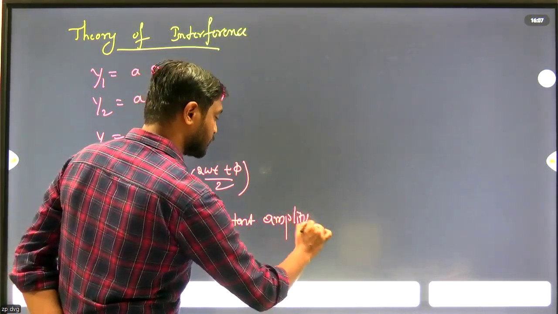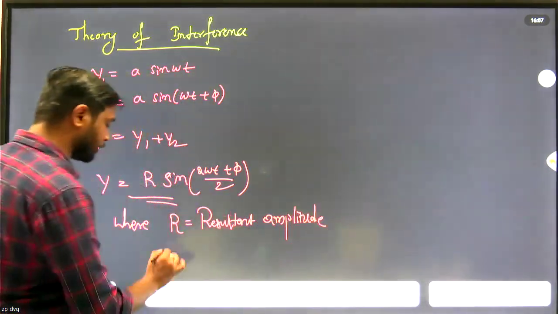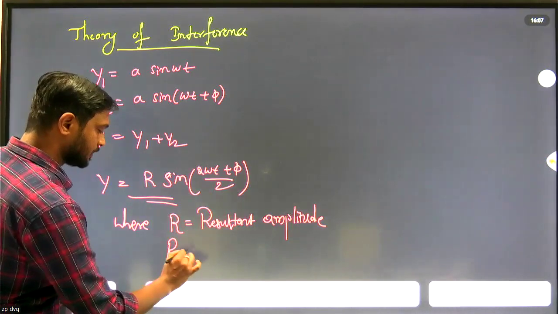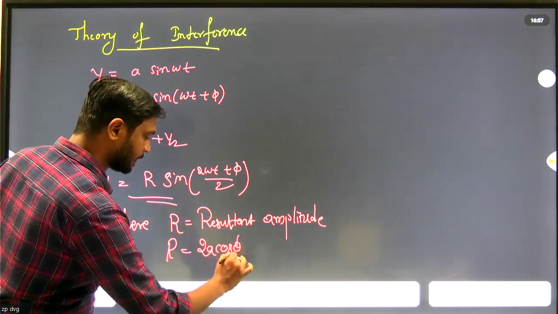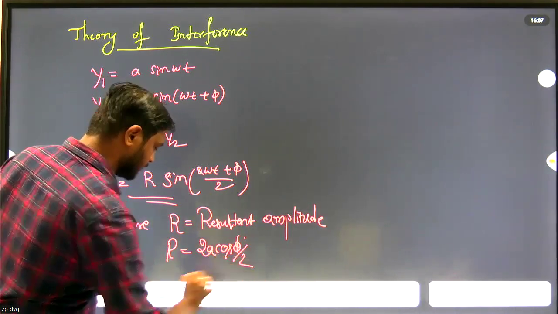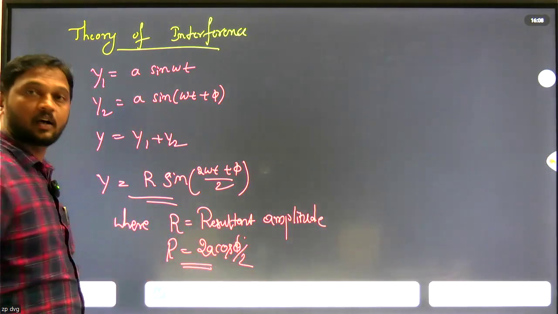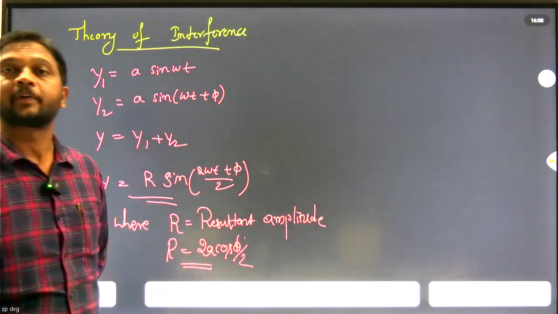Then most important, what is the resultant amplitude formula? That is R equals 2a cos phi by 2. So keep in mind, this is the most important formula, R equals 2a cos phi by 2.